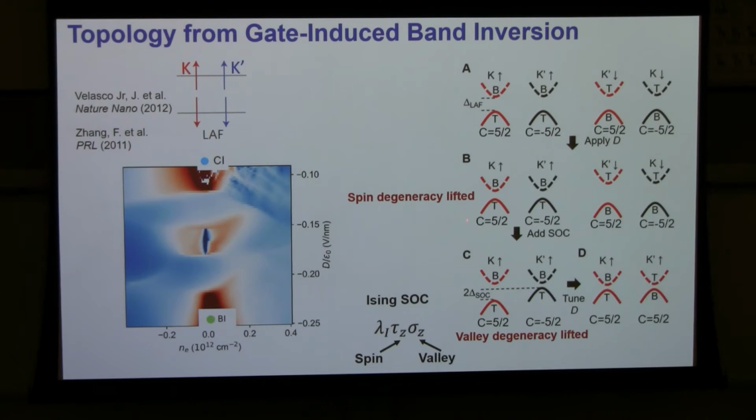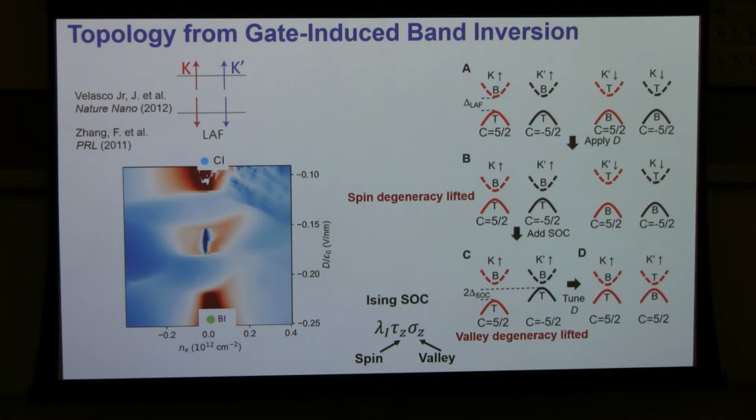And then you can further break the degeneracy between K and K prime corresponding to the same spin by introducing the Ising spin-orbit coupling. This term will change sign when you flip spin, or you flip the valley. In this case, K and K prime will break the degeneracy: the valence bands will have a difference in energy when you introduce the spin-orbit coupling from WS2.